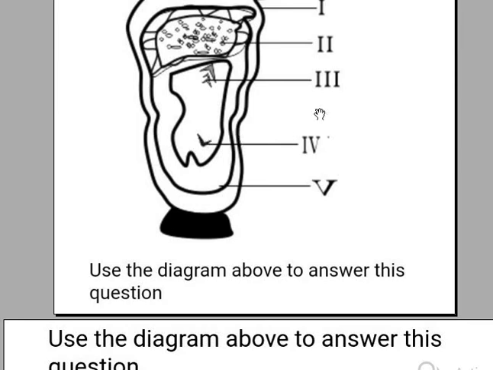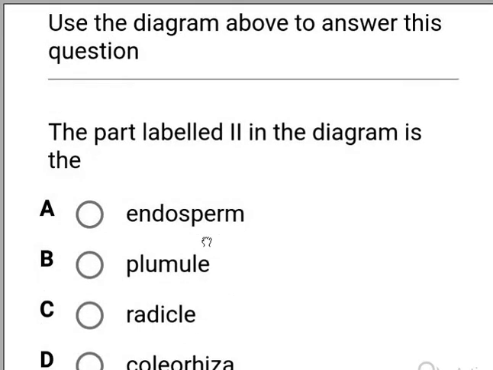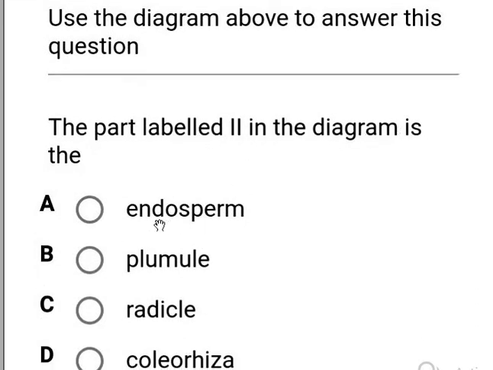The next question asked about Roman 4, which is radicle, but sorry to say we don't have it here.